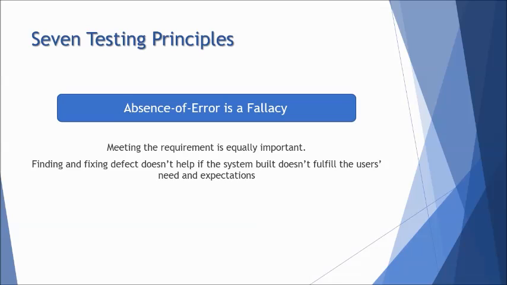So what we mean to say here is that no matter how many defects you find, how much effective testing you do, and you fix those defects as well, if you do not meet the requirements, what it is supposed to be doing, at the end of the day, it is unuseful to the end user or the customer. So meeting the requirement is equally important for the testing team by validating the requirement.